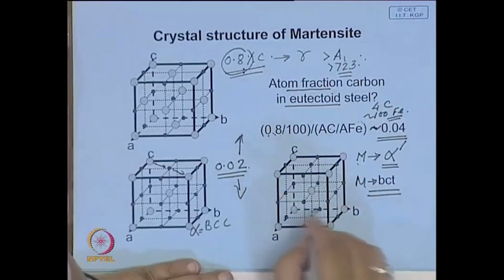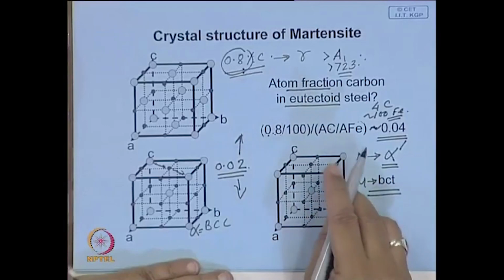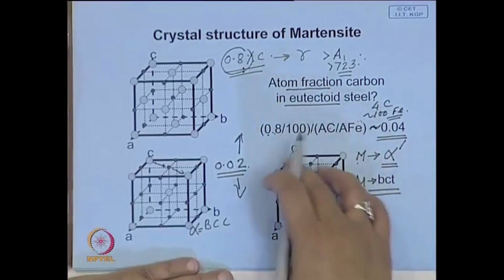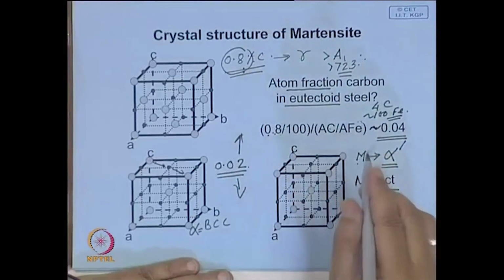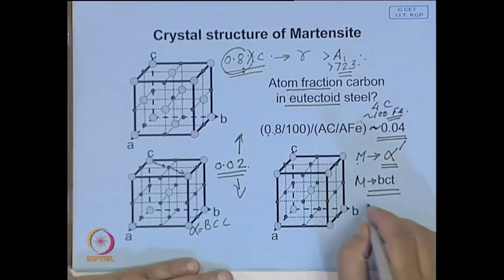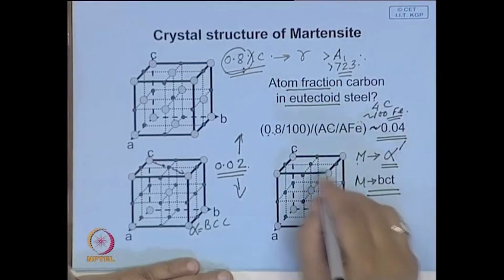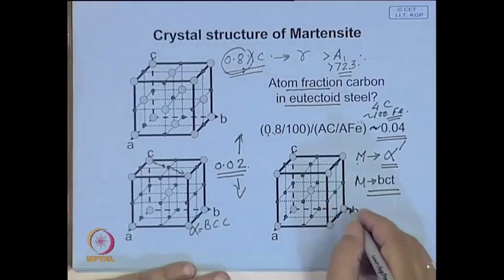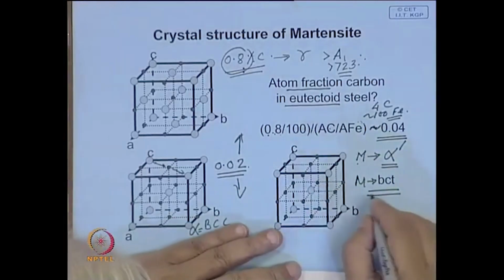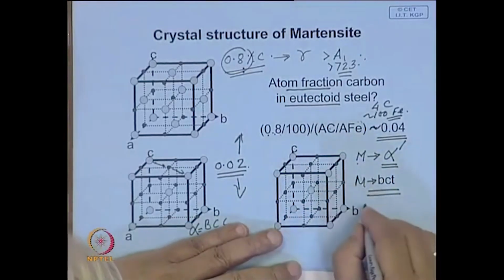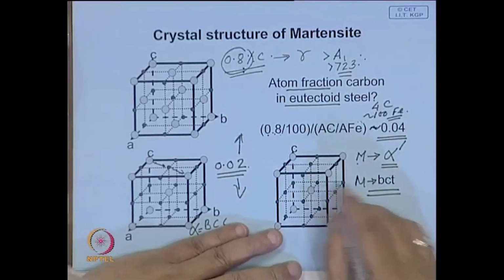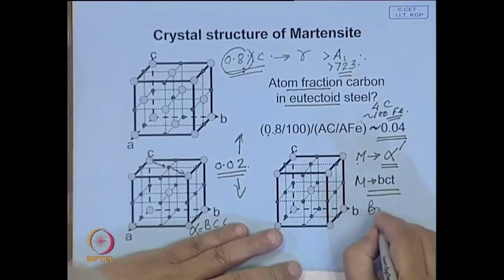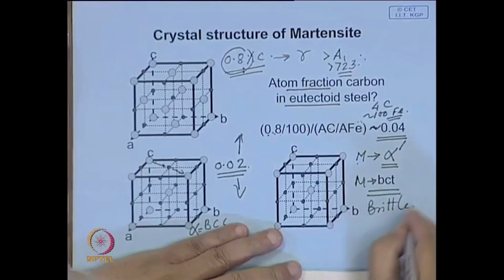Since you have kept so many carbon atoms by force, the lattice will be highly distorted, highly strained, and these carbon atoms will inhibit the movement of dislocations, and that is why this microstructure is extremely hard, and with this hardness it becomes brittle as well. This is hard and brittle.